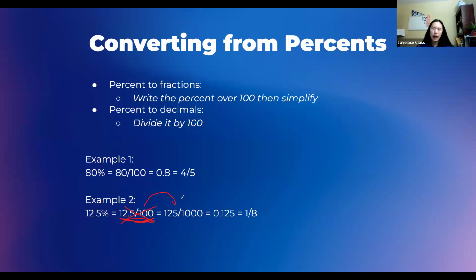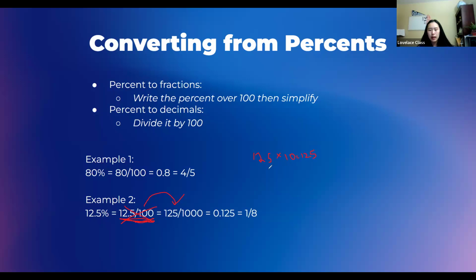So how do we go from that to here? Well, like I said, you can multiply the numerator and the denominator by the same number, and that still remains equal. So you can have 12.5 times 10, right, to get rid of the decimal point, and that just equals 125. But if you multiply the numerator, you also have to multiply the denominator.